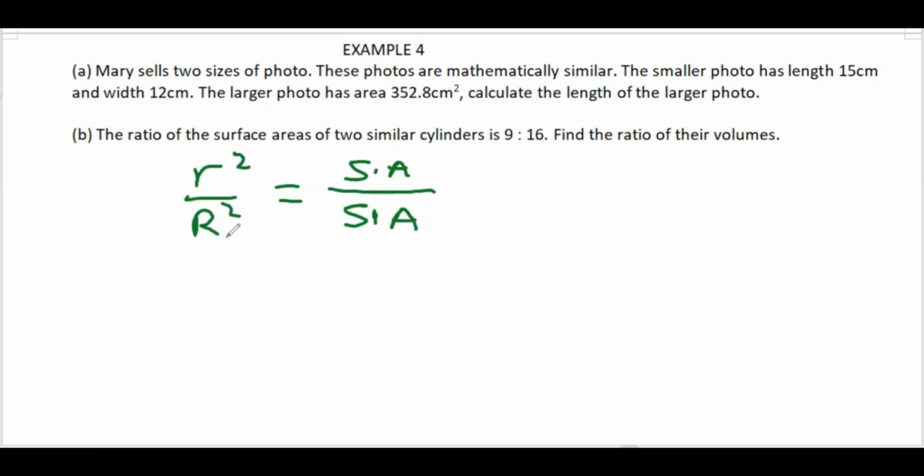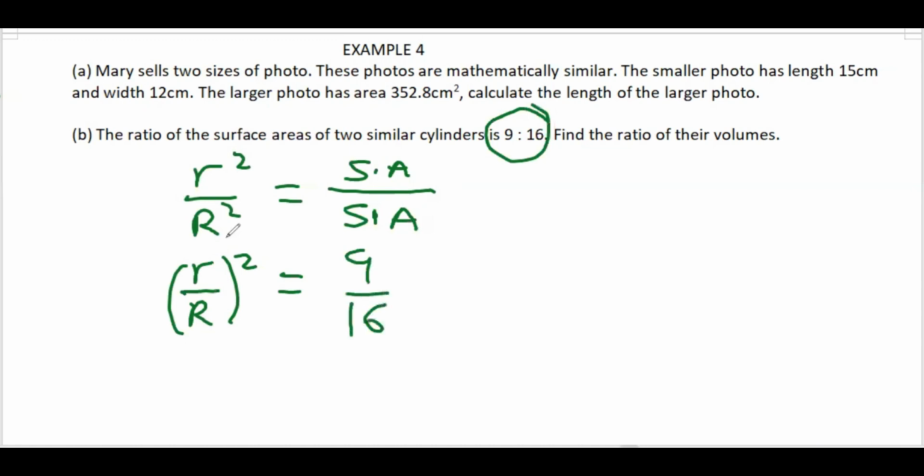So this one will now give us r over big R, you can factor out that square for them, equals the ratio of the two areas given as 9:16. So from here, to make r ratio big R the subject, we can take the square root of both sides to remove this.